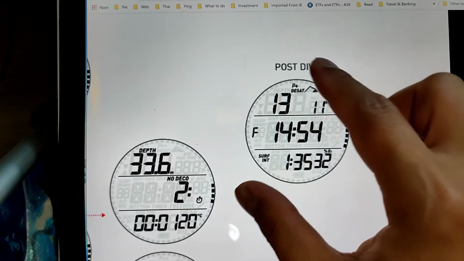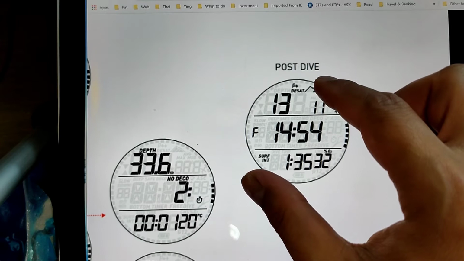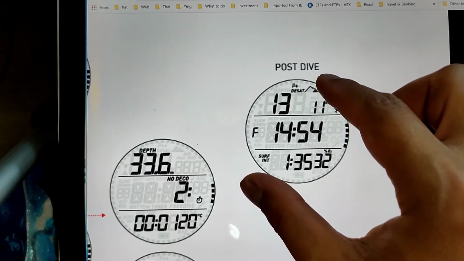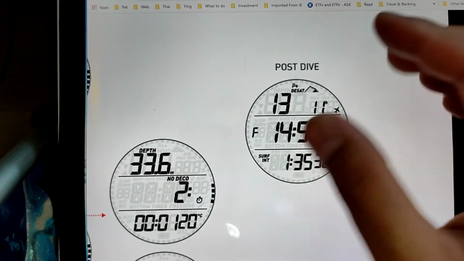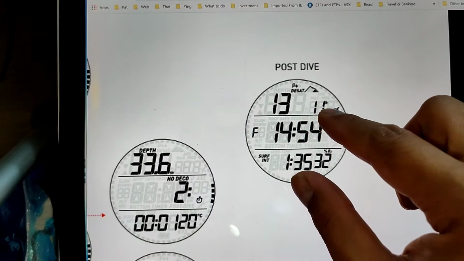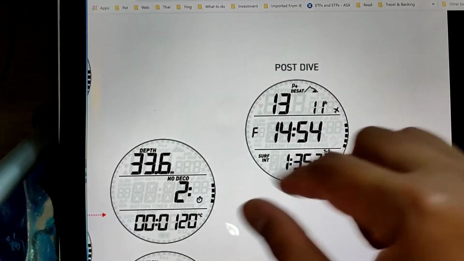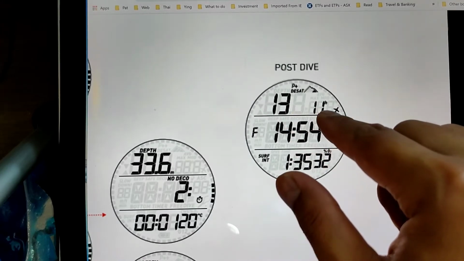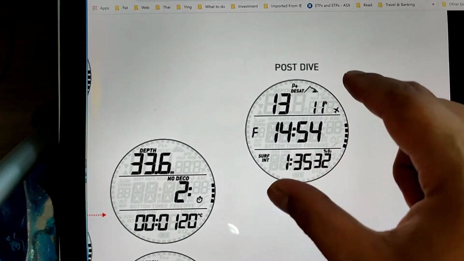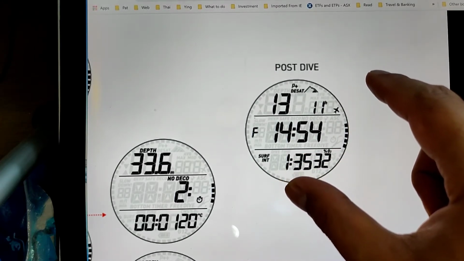He had to stay at the surface at least 13 hours to get nitrogen out of his body, and he cannot fly for 11 hours. In a real computer, it will adjust the no fly time to be more than this number, so that you cannot fly.